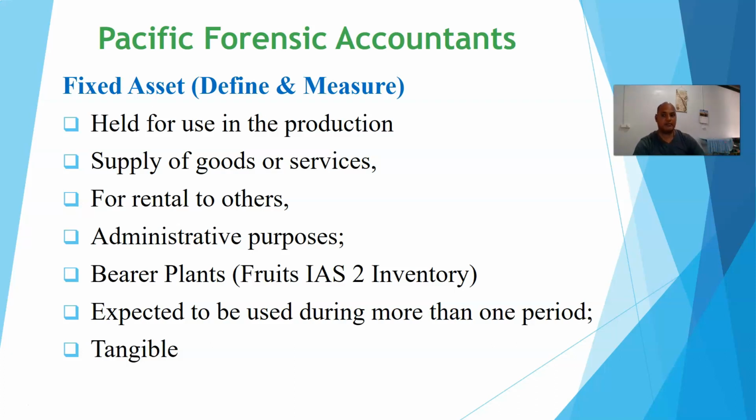They can bear fruits for that organization, and in a way we can generate revenue out of them. So bearer plants such as apple trees and orange trees are also fixed assets. However, the fruits that you generate from these are not assets.